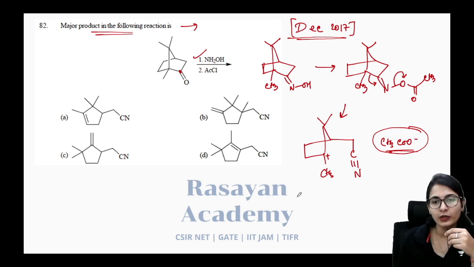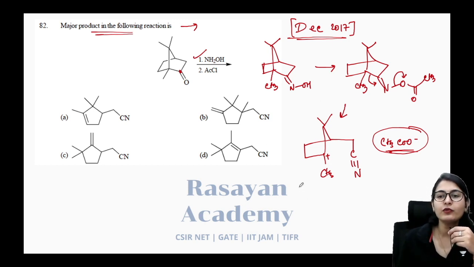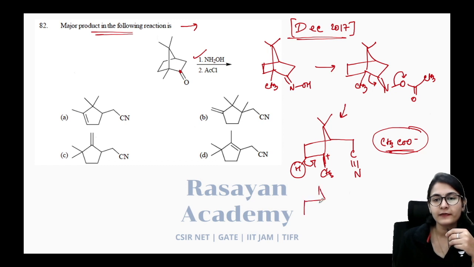All right, this is your molecule. Further, you can remove a proton because the acetate can take away a proton. Which proton do you want to remove? This is a CH3 proton and this is CH2. So absolutely you want to remove this proton to give you the more stable system.